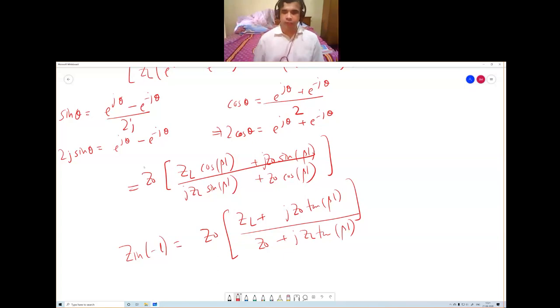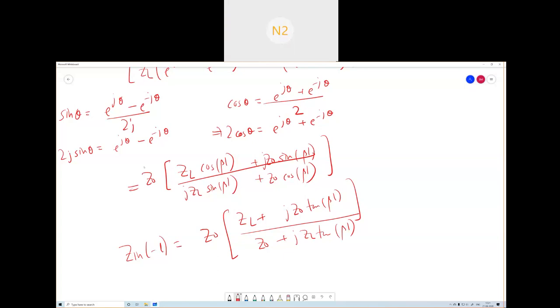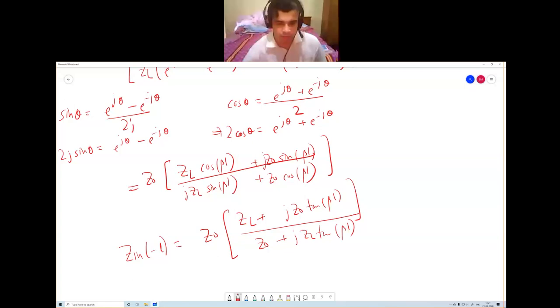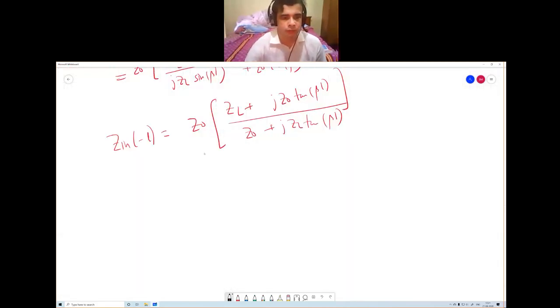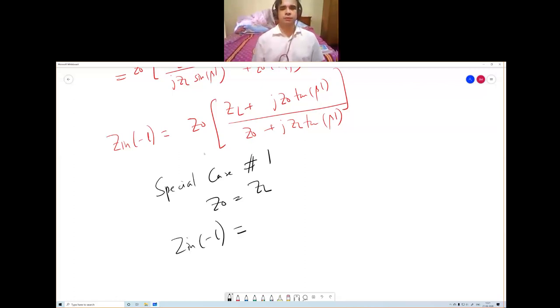Okay. So let us consider some special cases. Special case number 1: Z0 equal to 0, or it is matched. Just put the value in the formula and see what you get.